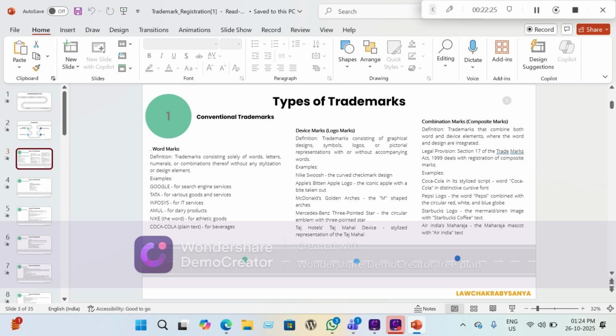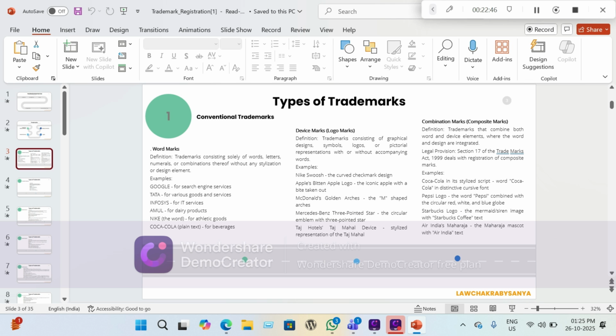Now, what are word marks? If you are trying to protect a word or a combination of words, then it becomes a word mark. So trademarks that consist solely of words, letters, numerals or combinations thereof without any stylization or design element.